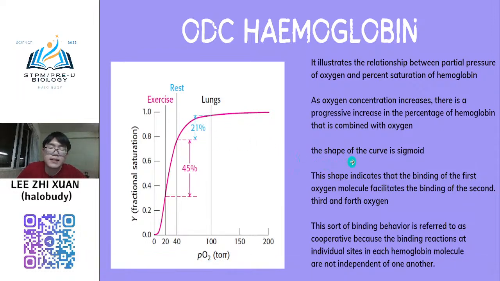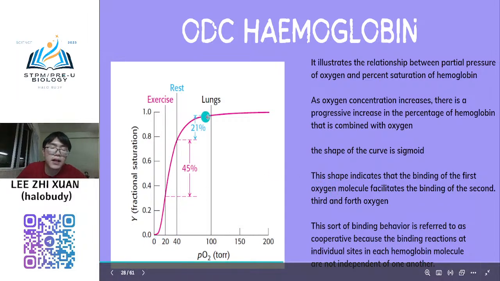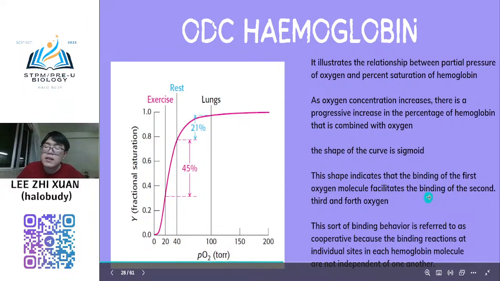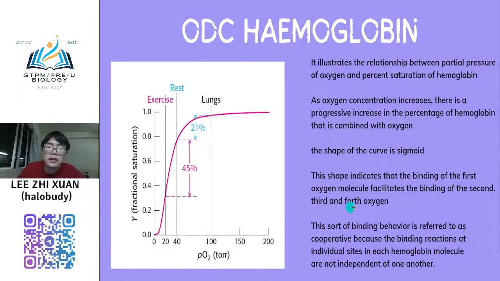What does this shape tell you? When the first oxygen molecule binds to the first heme group of hemoglobin, it facilitates the binding of the second, third, and fourth oxygen.